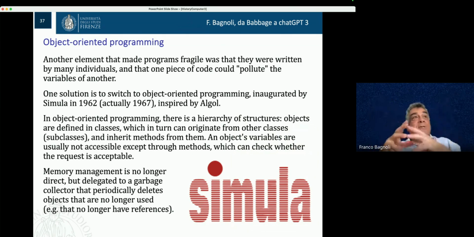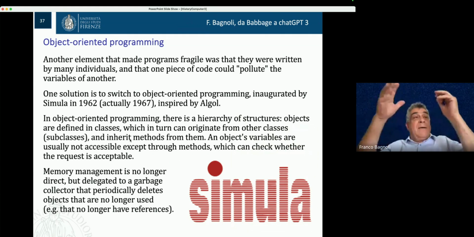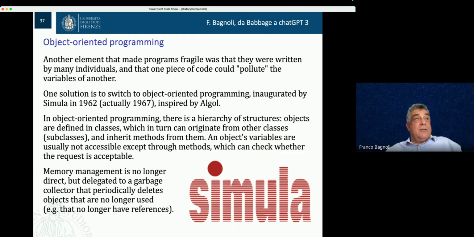For instance, just think of a file. In order to access a file, you need a pointer that says where you have read up to now, so that you can start reading the rest. You have permissions, and you have a lot of different things. All of this data normally stays in something like a structure.